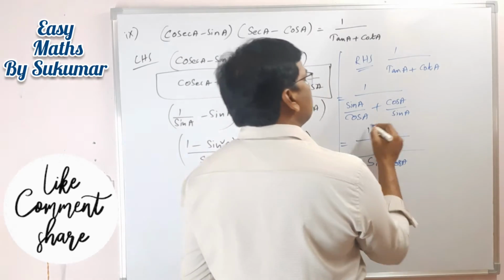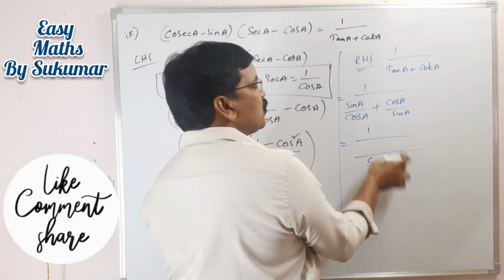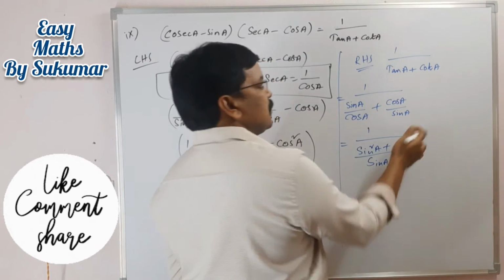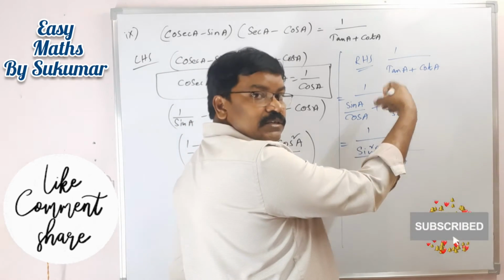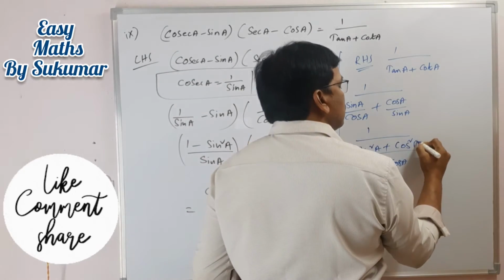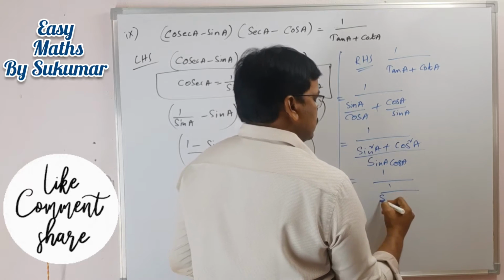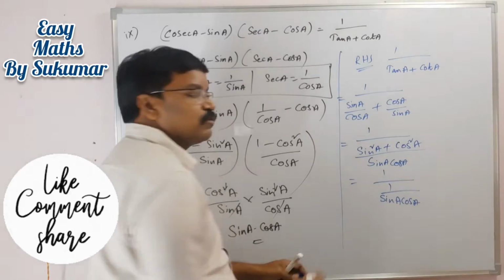That means here sin A cos A, when you divide the sin A cos A with cos A, then sin A into sin A, sin square A. Here also same, when this sin A cos A is divided with sin A, then cos A will be the quotient. That means cos A into cos A, cos square A. So this is 1 by sin A cos A. Why is this numerator equal to 1?